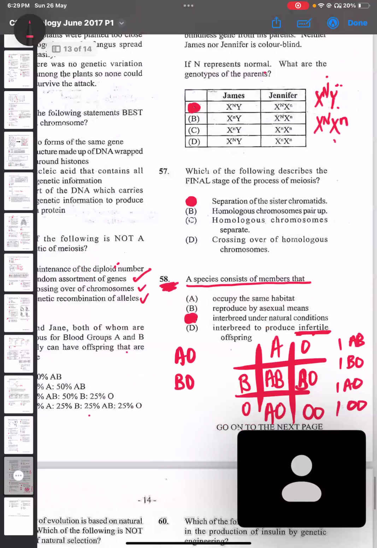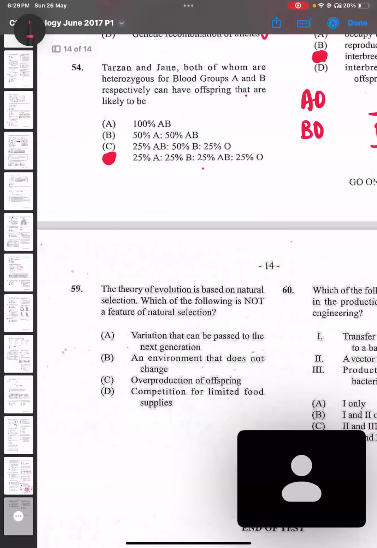And then for 59, it says the theory of evolution is based on natural selection. Which of the following is not a feature of natural selection? In natural selection, the answer is between B and C. You do have competition taking place. You have variation that is passed on to the next generation.